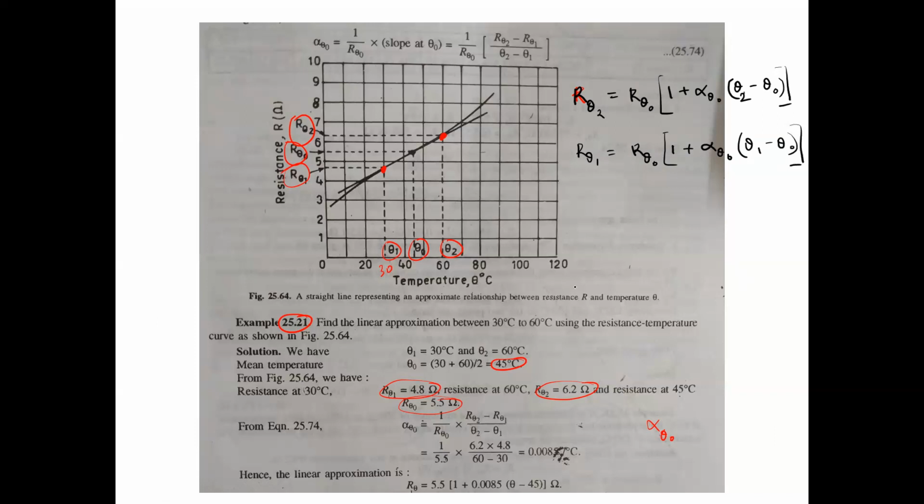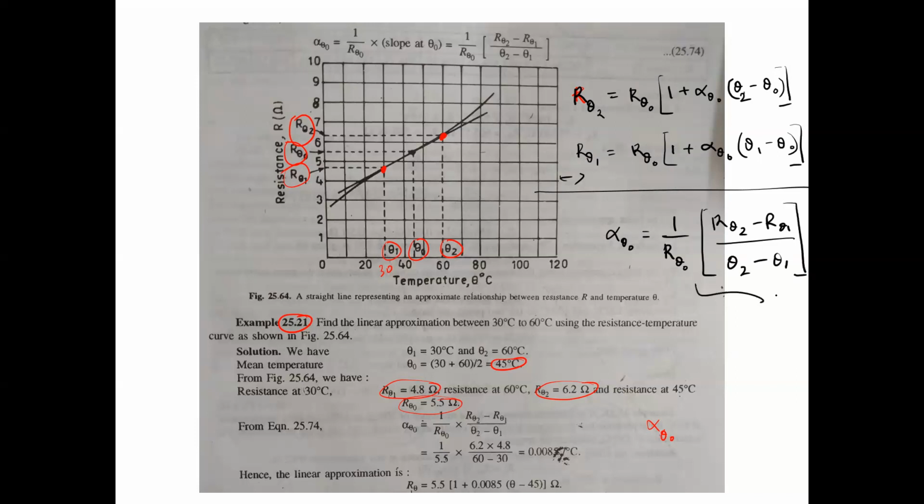Now if you subtract R theta 1 from R theta 2, these two equations, and solve for alpha theta 0, you can easily simplify and find that alpha theta 0 can be represented as 1 divided by R theta 0, into R theta 2 minus R theta 1 divided by theta 2 minus theta 1.